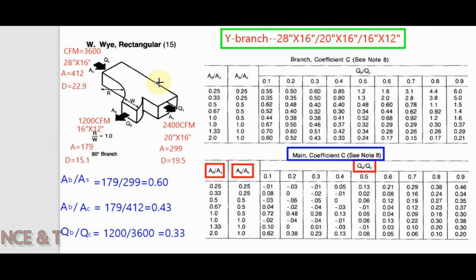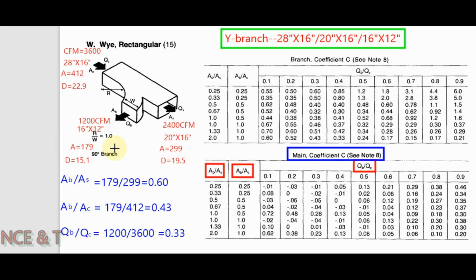We have mentioned the values for our Y. You can see on this side we have the CFM 3600 and the size is 28 by 16 inch. The equivalent diameter is 22.9. On the basis of this diameter we have calculated the area: A is equal to 412, which is AC. Similarly, AS is equal to 299 and AB is equal to 179.